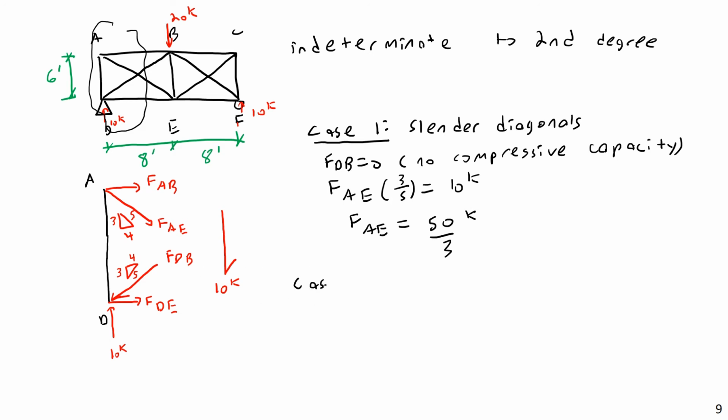And then case 2, where we would have FAE and FDB. We know the force in both the diagonals, and once we know that, we could do the same thing on the other panel, and that would make this truss statically determinate. Case 2, non-slender diagonals.